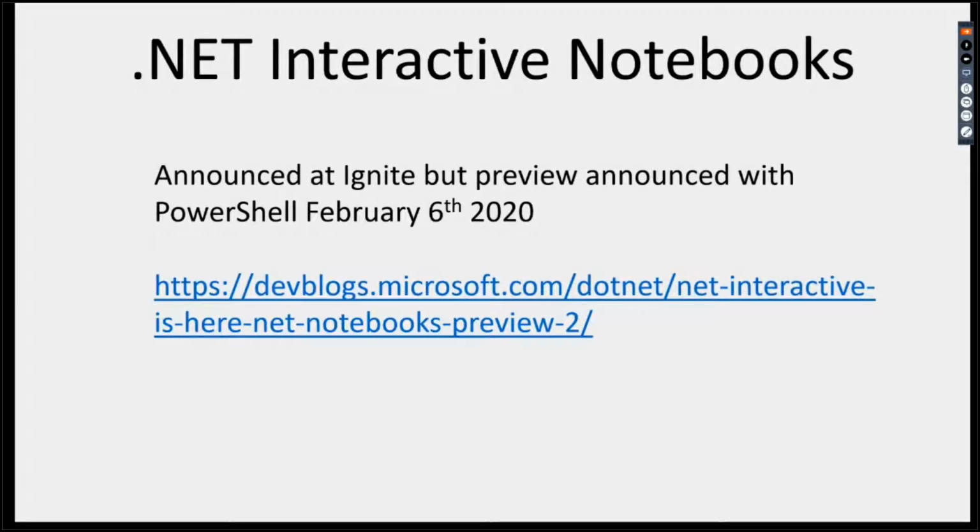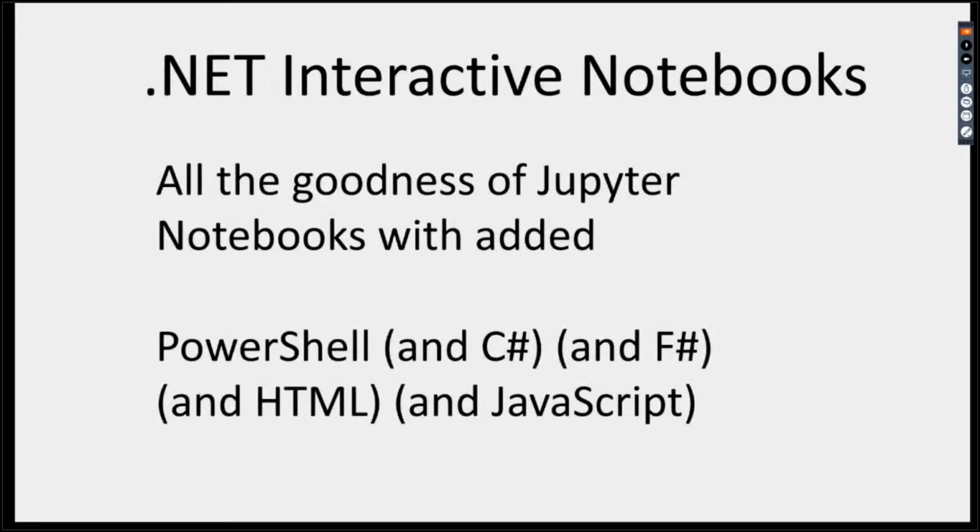The notebook story is a little bit confusing because at Ignite this year, they announced .NET Interactive Notebooks. These are coming through as another form of notebook that you can have. Basically they've got all of the goodness of Jupyter Notebooks, but you get PowerShell, PowerShell Core, C#, F#, HTML, and JavaScript as well, not T-SQL at the moment.